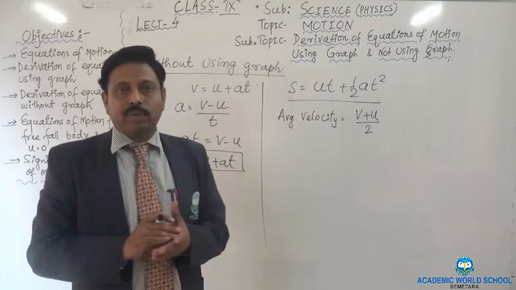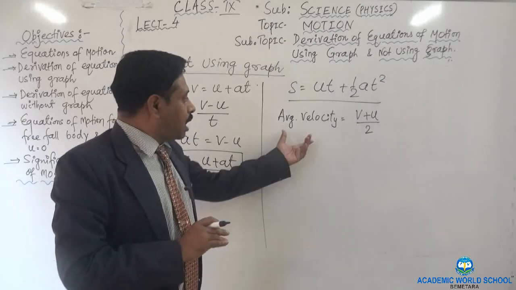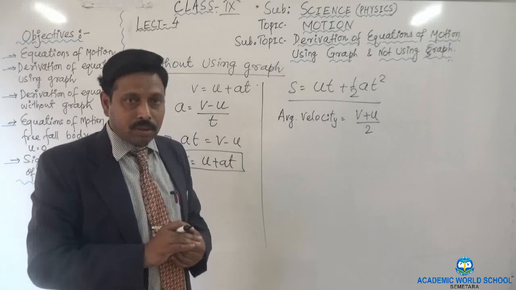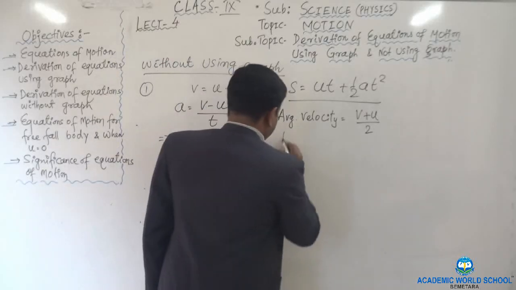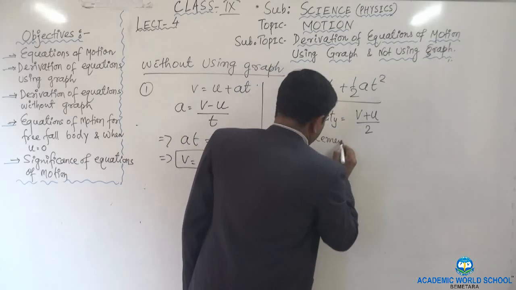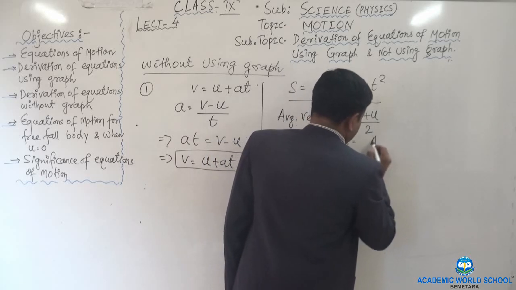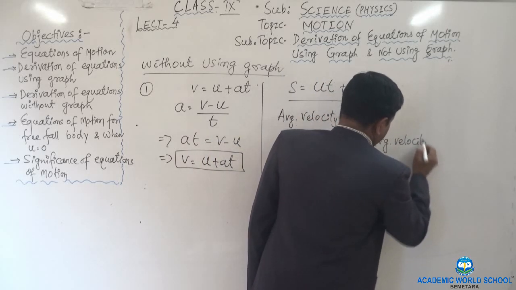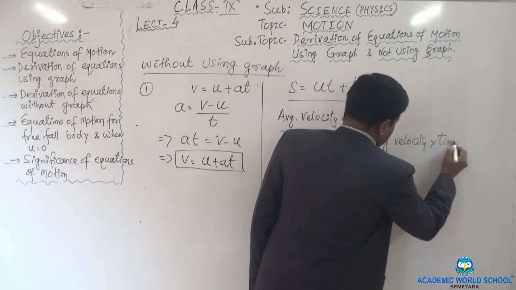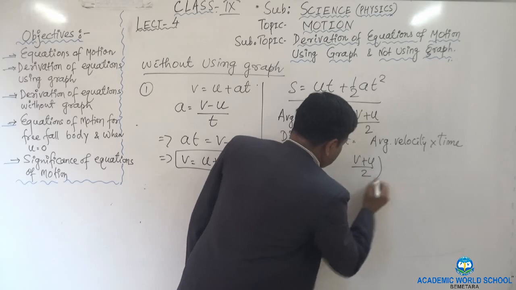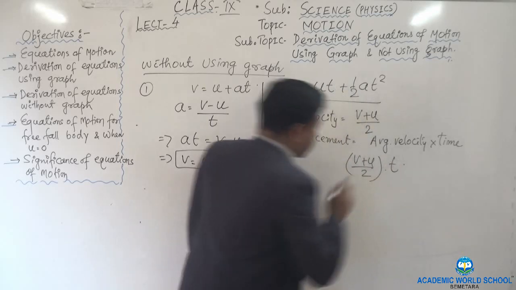So in case of uniform acceleration motion, the average velocity of the body is equal to (v plus u) upon 2. Now in the second step you write the displacement, it will be average velocity into time. So I can write it this way: (v plus u) upon 2 into t.